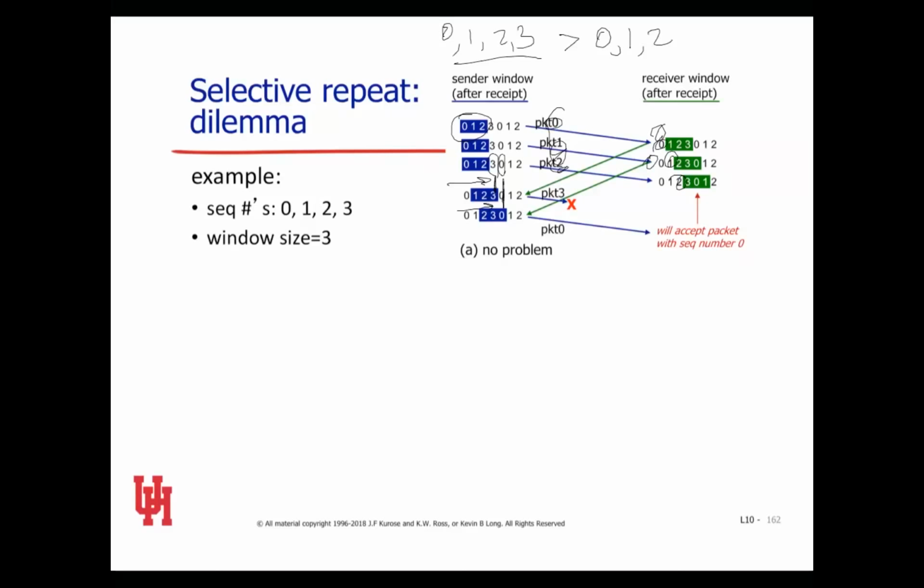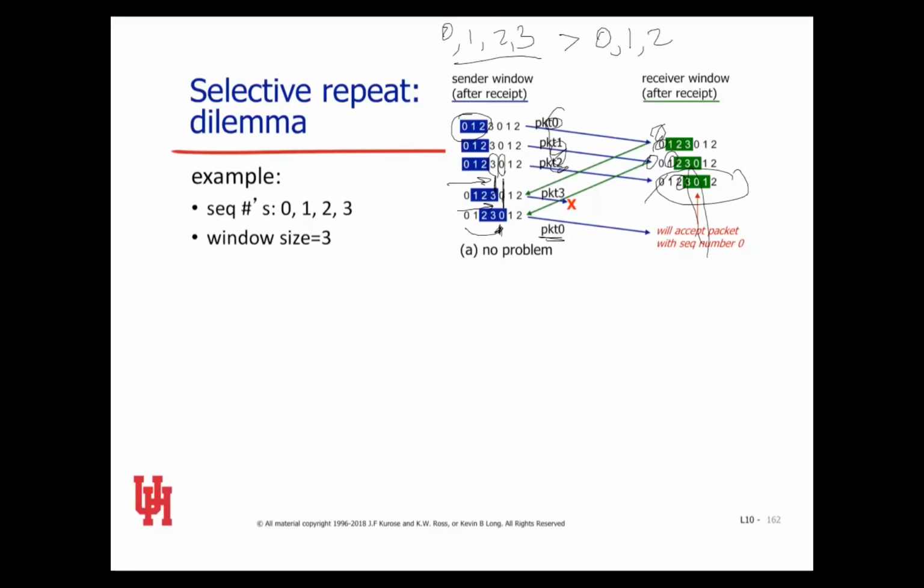So 3 shows up, but it gets lost. 0 shows up, it gets sent successfully, but it's a duplicate. Or is it? So we know that it's a different 0. How will the receiver interpret it? Well, the receiver's moved past this one, so he'll correctly assume it's this.